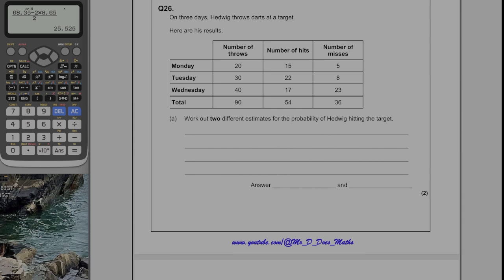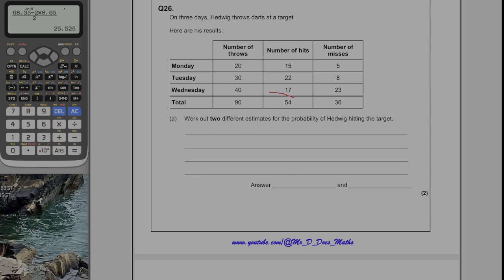Question 26. On 3 days, Hedwig throws darts at a target. Here are his results: Monday, Tuesday, Wednesday, total. Work out two different estimates for the probability of Hedwig hitting the target. So I've got quite a few different estimates that I could use.